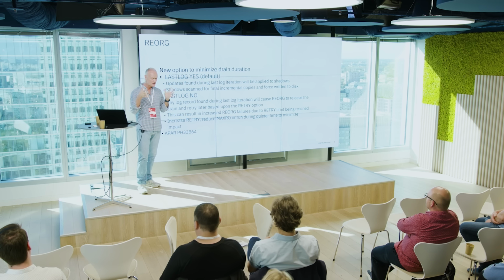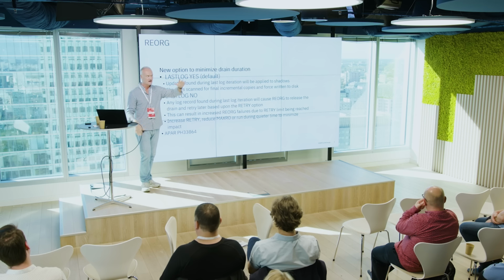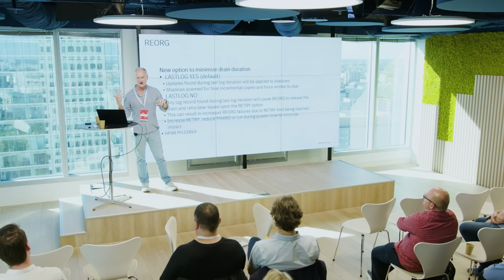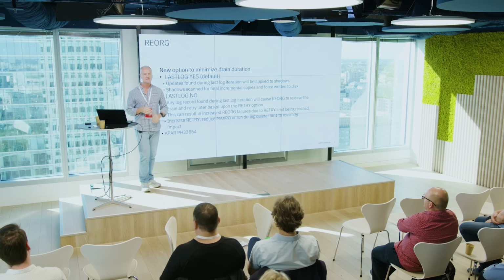Because if we can break in and get all of our work done and get out of the way in 30 seconds, and your applications have got a lock timeout interval of 60 seconds, then those applications that are waiting to try to get a claim and waiting behind the drain, they're not going to time out because they're only going to time out after 60 seconds because that's the timeout interval. Okay? Okay. Yes?